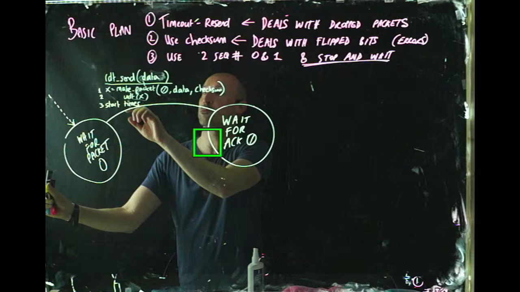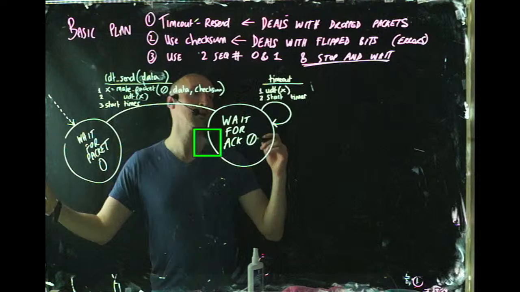What would happen if I get a packet? If I receive a packet, receive X, and I check the checksum, and X is corrupt, then once again I send it into the channel and I start the timer.